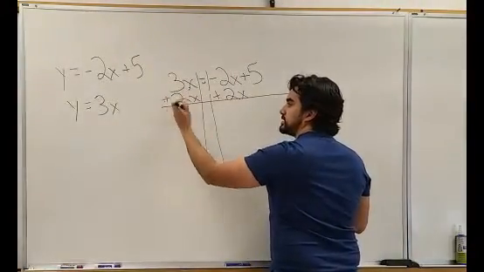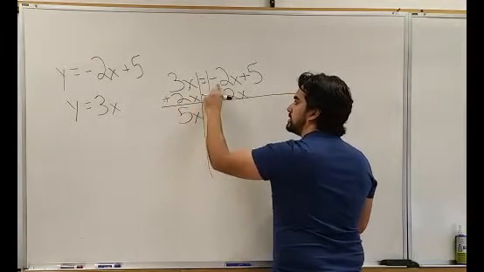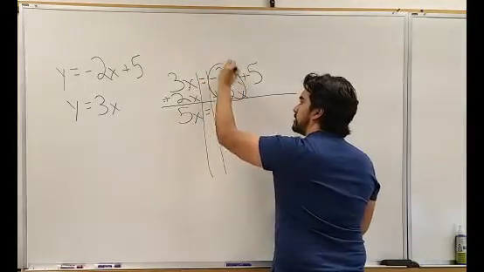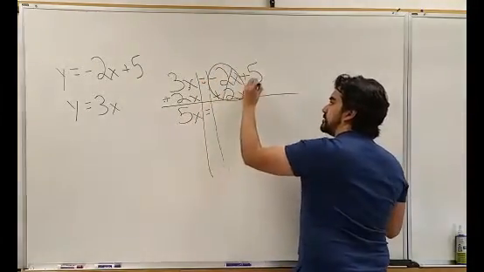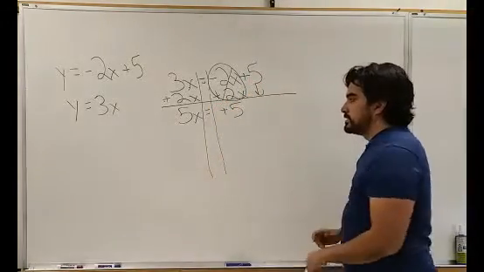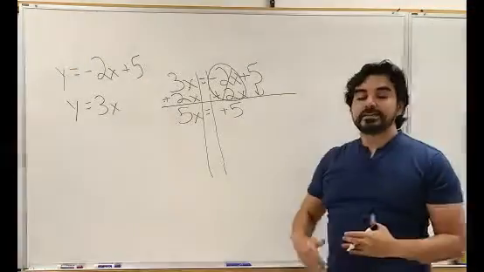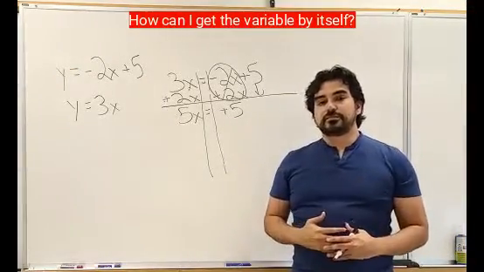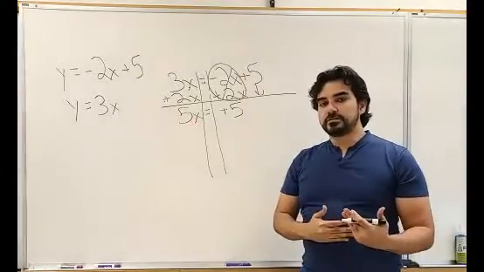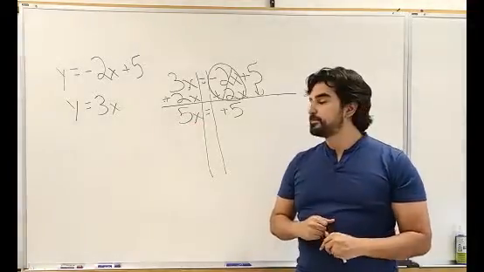3x plus 2x gives me 5x equals negative 2x plus 2x gives me 0, and I'm going to drop my positive 5. So now all my like variables are together. Next, how do I get the variable by itself? I have 5x, and when two things are next to each other, it means multiplication.